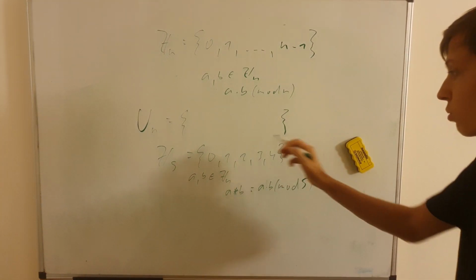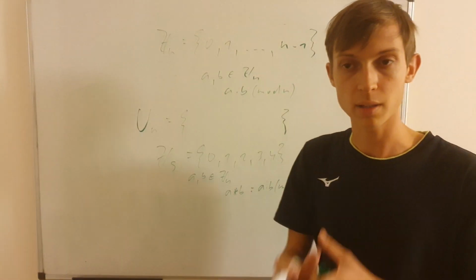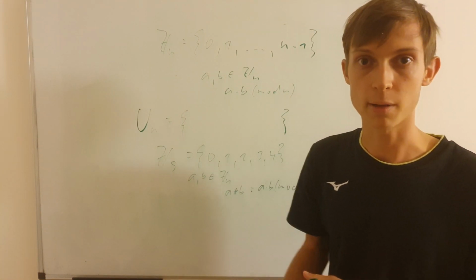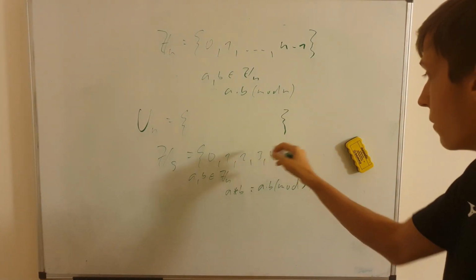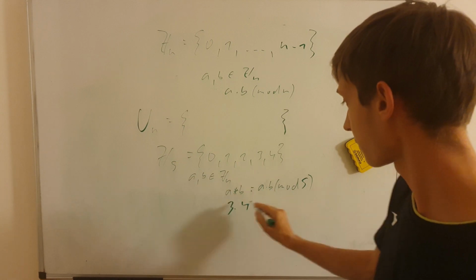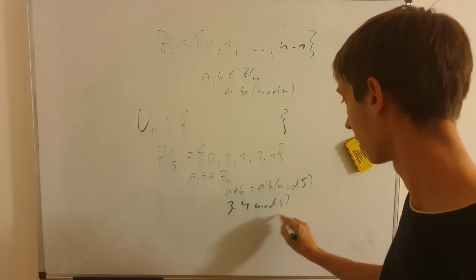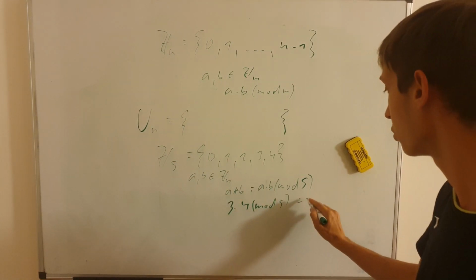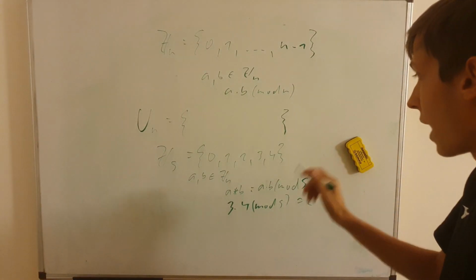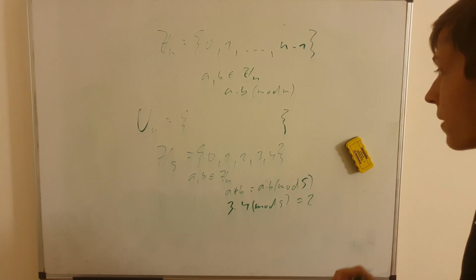That means we take 2 numbers, multiply them, and take the result as the remainder after division by 5. For example, 3 times 4: we have to do mod 5 after that. So it's not 12, but it will be 2, because 12 divided by 5 leaves a remainder of 2. That's the idea for integers modulo 5.